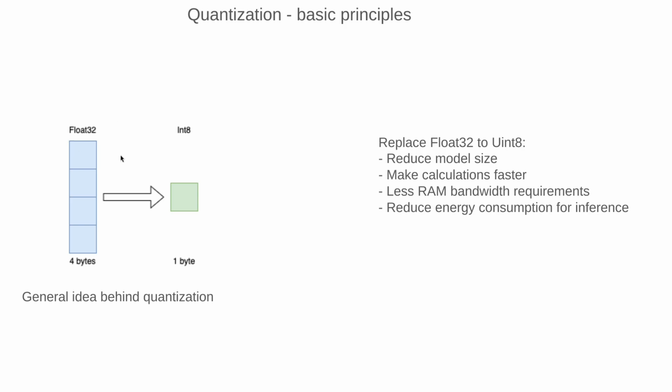Yes, they can process float32, but it will take much more time and much more energy. So we can replace float with int8, and we can save time and energy. And obviously, the model will be lighter in terms of memory size, just because we have less data to store.